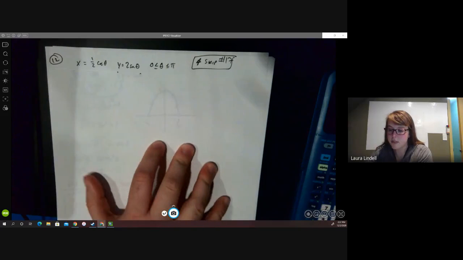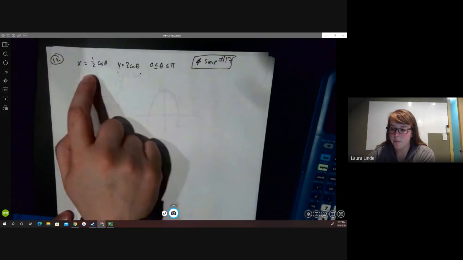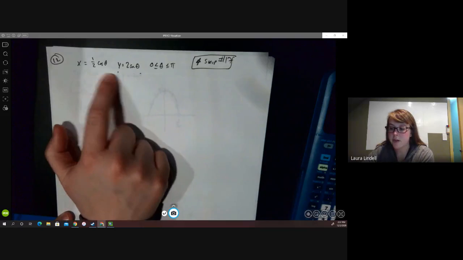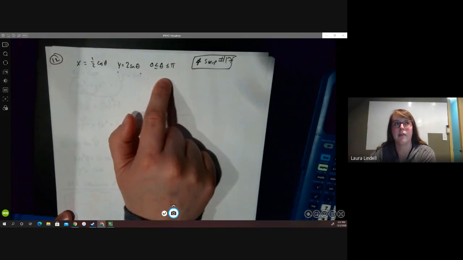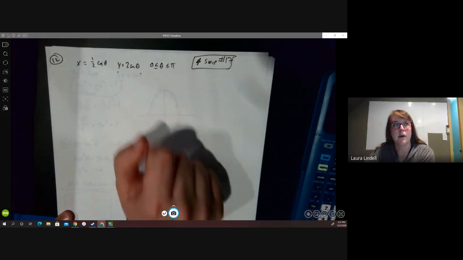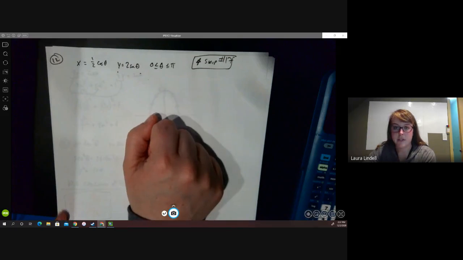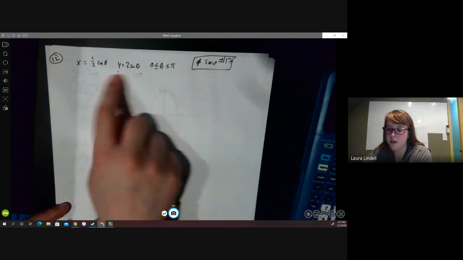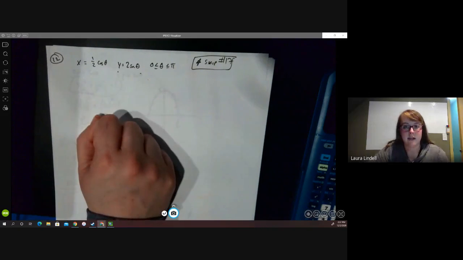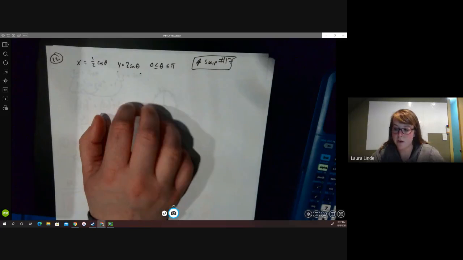Then we talked about number 12. We were given x equals 1/2 cosine, y equals 2 sine, where theta is between 0 and pi. To remove the parameter theta from this equation, we want to use the sine squared plus cosine squared equals 1 idea.